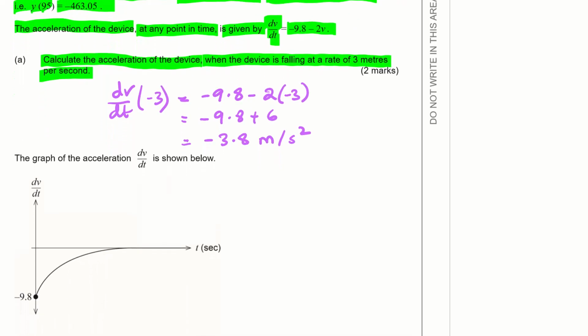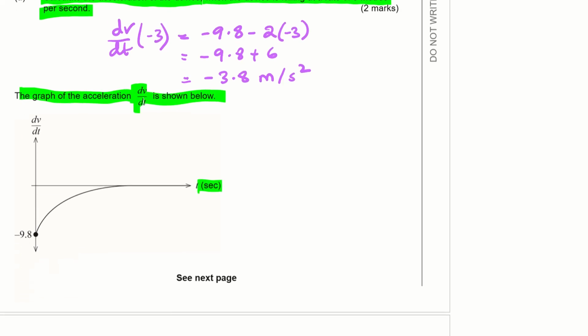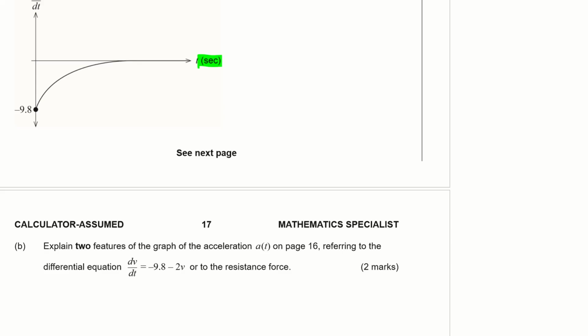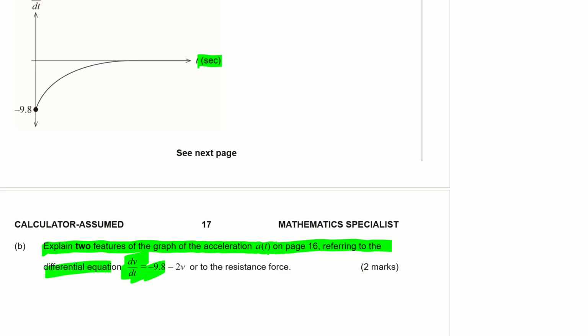We're now told the graph of the acceleration dv/dt is shown below, so it's against time. Explain two features of the graph of the acceleration referring to the differential equation dv/dt is equal to negative 9.8 take away 2v, or the resistance force.